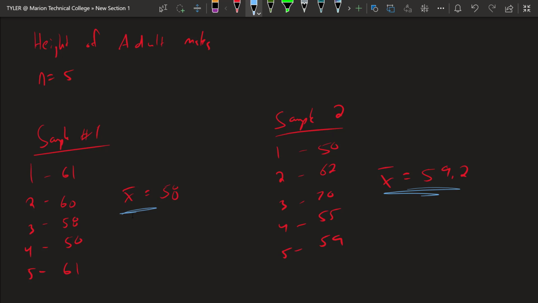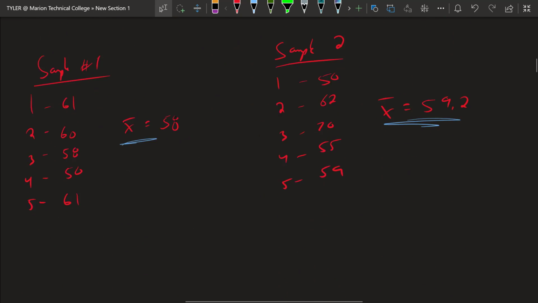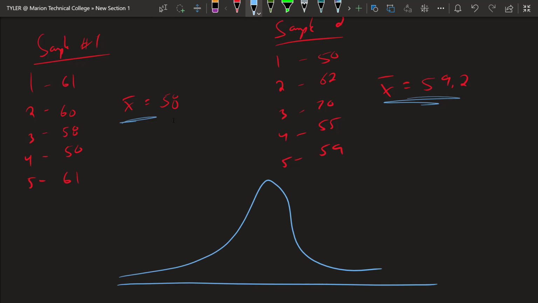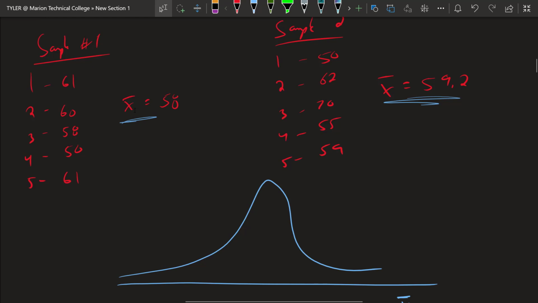So what we want to study is, how does this vary? When I drew a normal distribution up here, remember this was on individuals, and I labeled the axis capital X, because that's my random variable. So what we're going to be looking at now is still a normal distribution, but instead of X studying the individuals, we're studying the means of samples of size n equals 5.